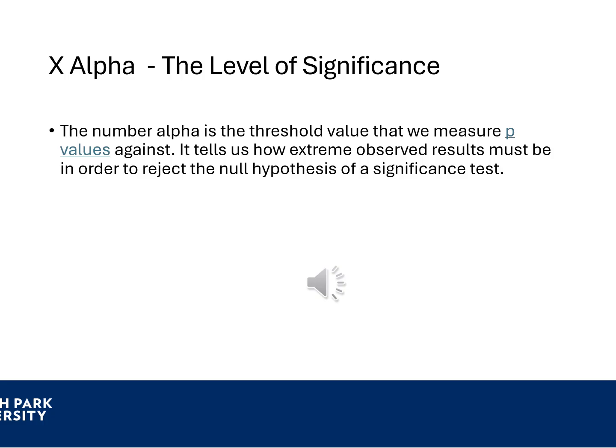It is known as the level of significance. The number alpha is the threshold value that we measure the p-value against. So I said we were going to compare alpha levels and p-values. It tells us how extreme observed results must be in order to reject the null hypothesis that said it didn't make any difference.